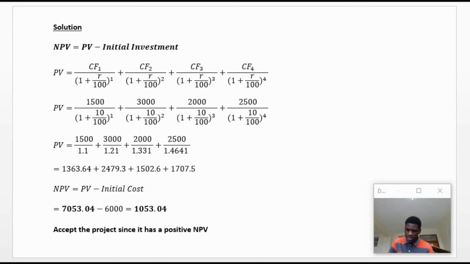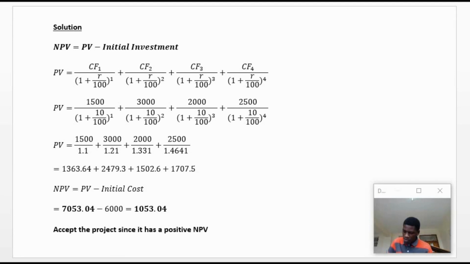After calculating, the total present value is equal to 7,053.04. To get our net present value, it is equal to present value minus initial investment or cash outlay.